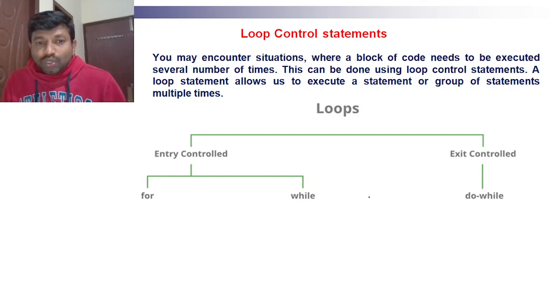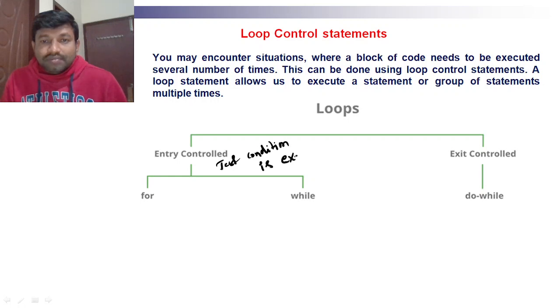And when it comes to the loops, as I said earlier, loops can be categorized into two types. You can see on screen, we say entry controlled and exit controlled. Entry controlled means the test condition is executed first.